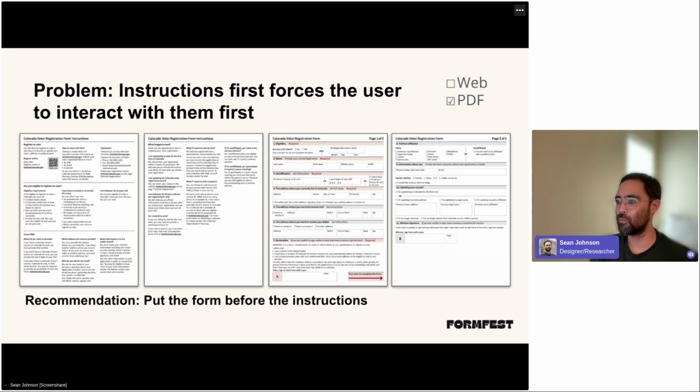We want them to be available for when people want or need them. If they're forced to read through all the instructions, they know it's a form, but they're wondering where the form stuff is. Unless they're in forms mode, they're going to be forced to read the instructions. So swap the instructions with the form, again an easy fix for PDF forms.